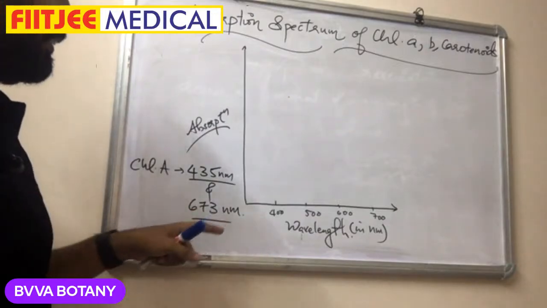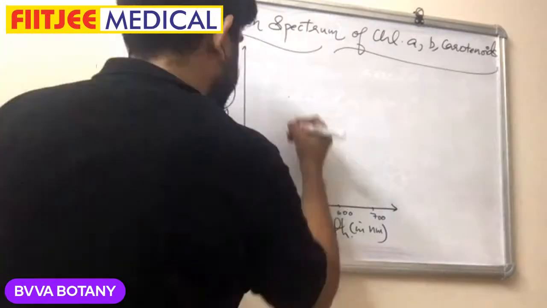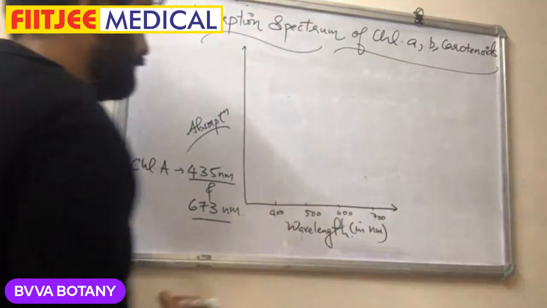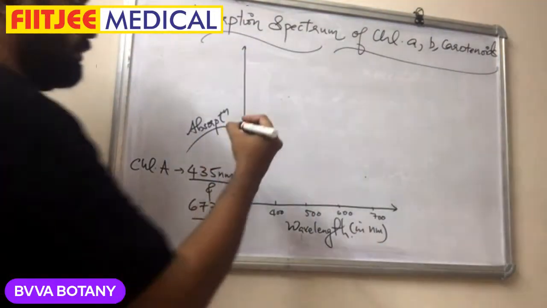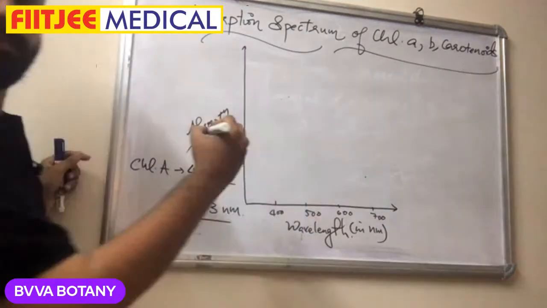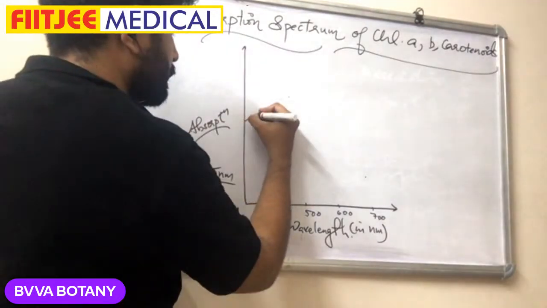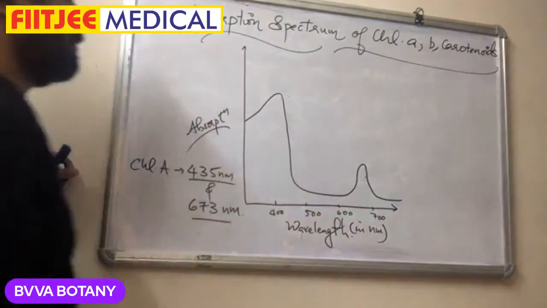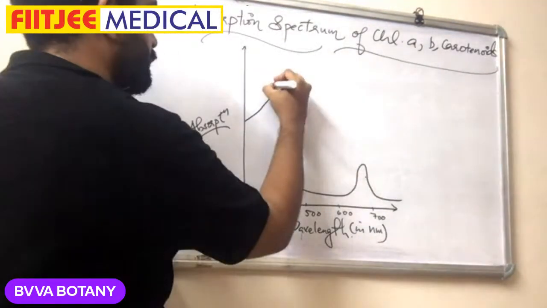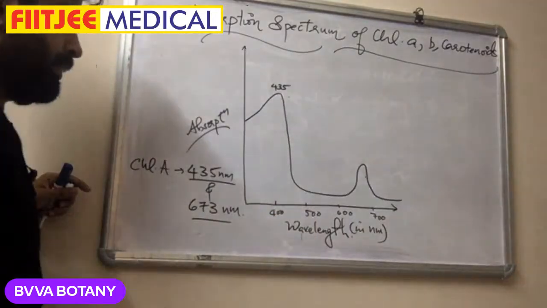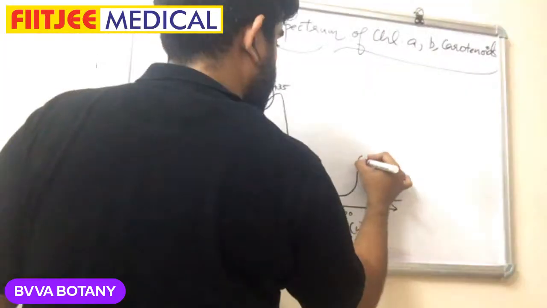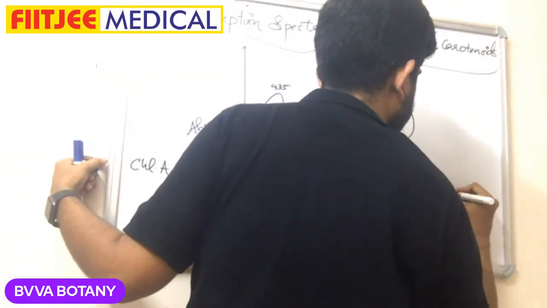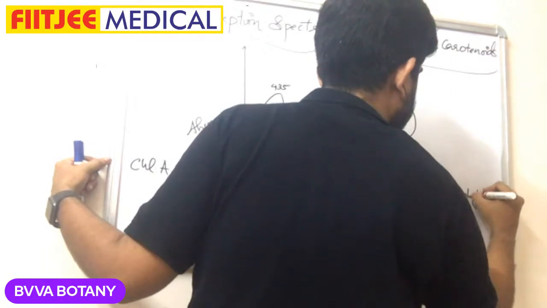So we will draw that at 435 and 673, and mark it as chlorophyll A.